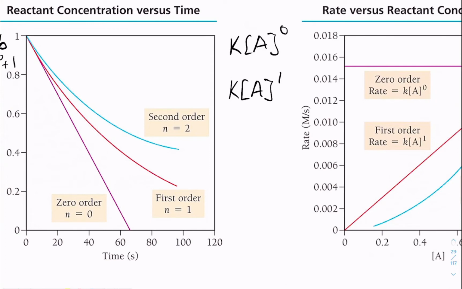So every time we lose some of that concentration because it's reacting, that slope gets shallower and shallower and shallower. And then if we look at the second order reaction, that happens even faster because now it's not just reducing by A, but A squared.